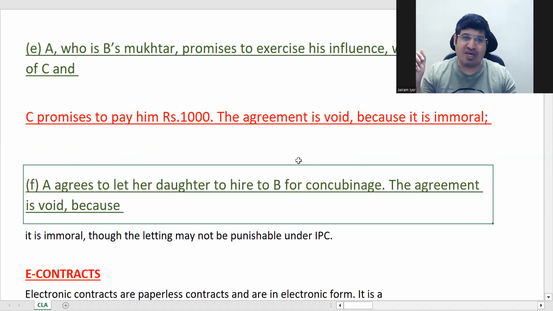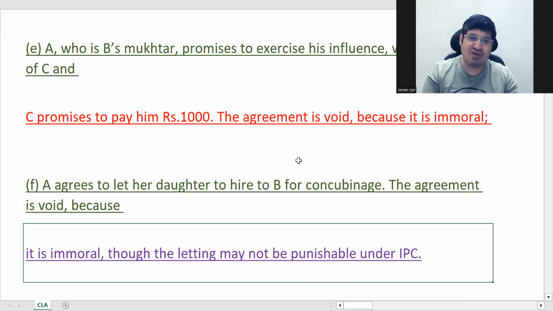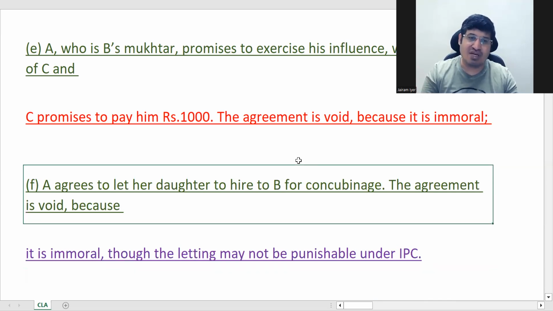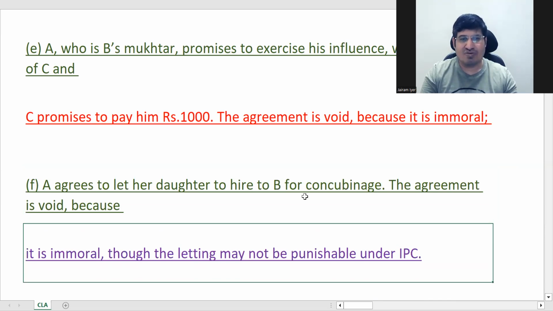So if A agrees to let her daughter to hire to B, the agreement becomes void because it is immoral, though the letting might not be punishable under IPC. Sometimes such letting is not punishable because it is not against the will of the daughter. Whether it is against the will or not, it is still illegal. Because it is immoral, it is void.